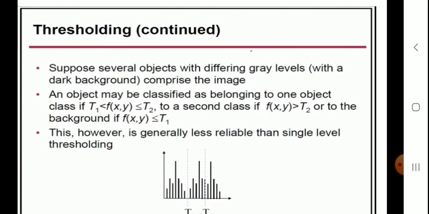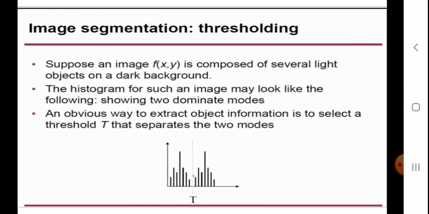Suppose that we have several objects with different gray levels. In the previous case we had a single object, one single image, and we had to divide the histogram of that image into two portions by separating it at a threshold value.